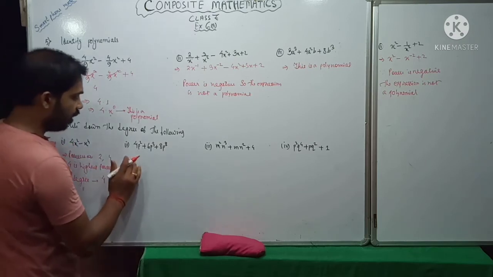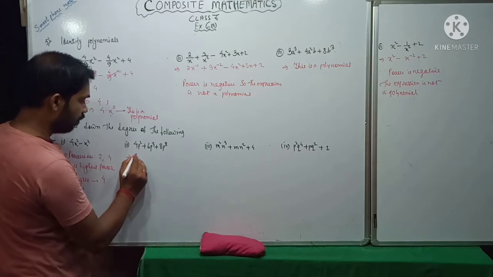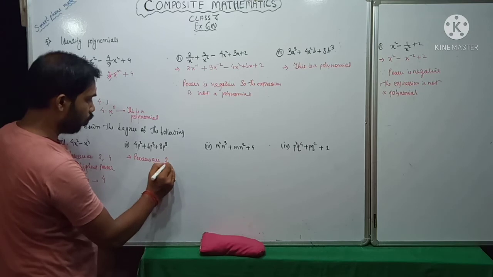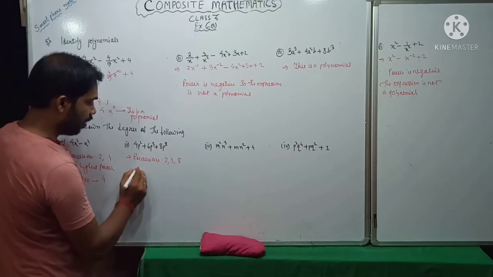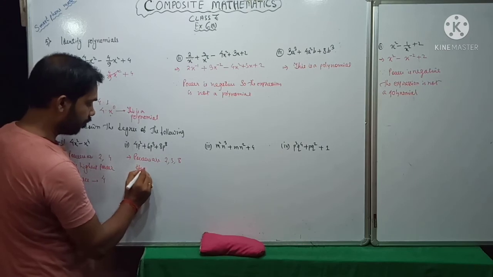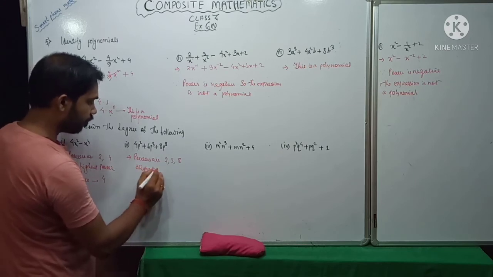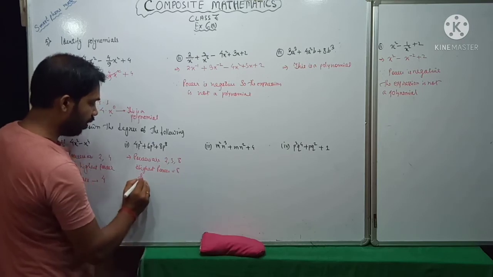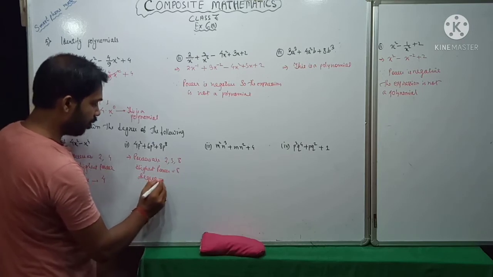Clear? Now you see what the powers are here. Powers are 2, 3, 8. Therefore the highest power is 8. So degree is equal to 8.